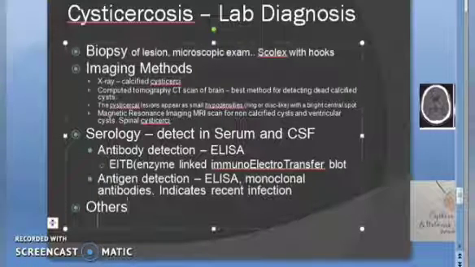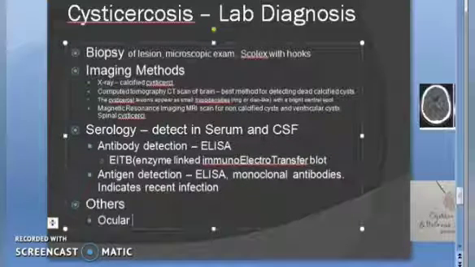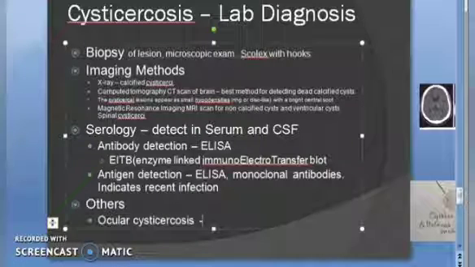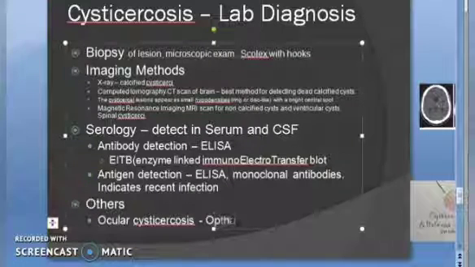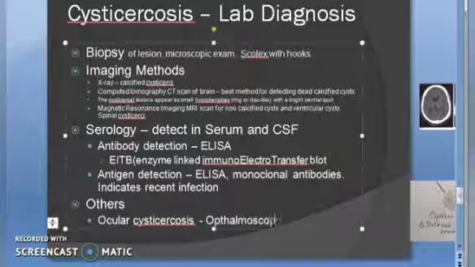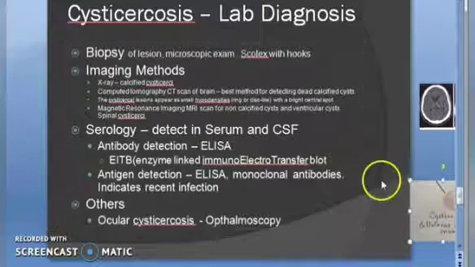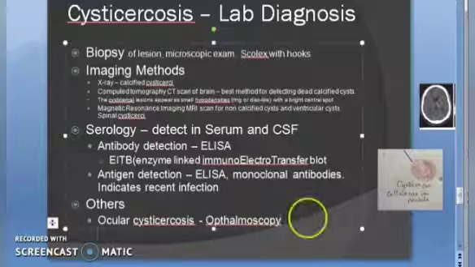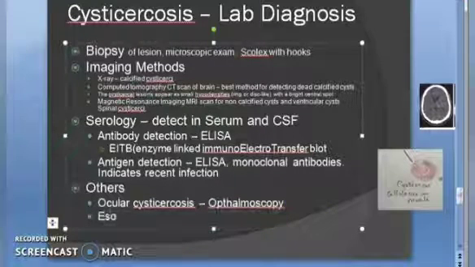Okay. Others, ocular cysticercosis can be made out by ophthalmoscopy. So, ocular cysticercosis, how will you detect? Ophthalmoscopy. So, you can detect all these cysticerci in ophthalmoscopy.